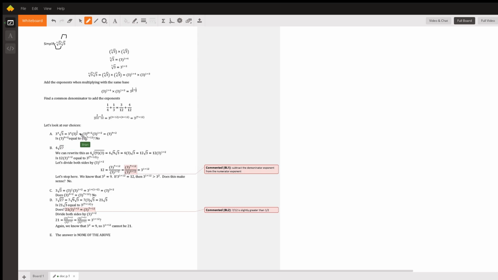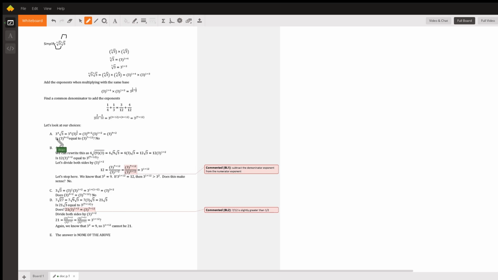Oh, I'm sorry, I got a little confused in my own work. So that's 3 to the 4th times 3 to the 1/2. That's 3 to the 8 divided by 2 times 3 to the 1 divided by 2. And that's 3 to the 9 divided by 2.